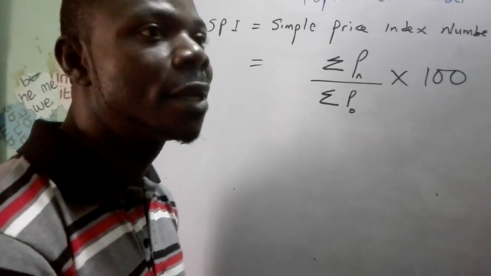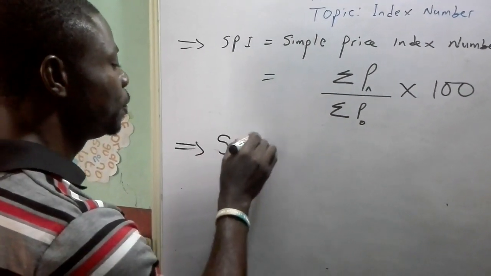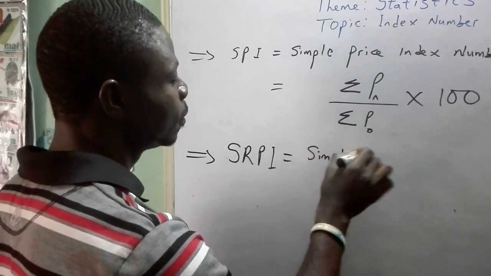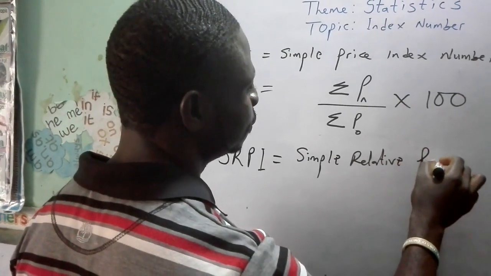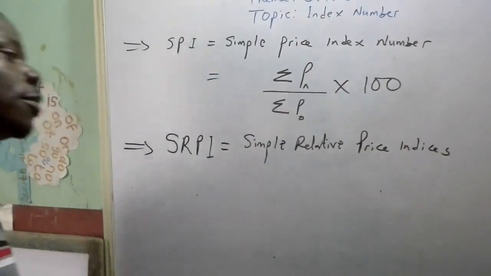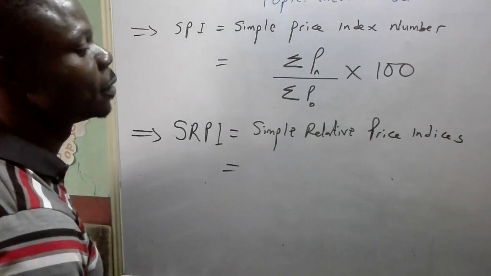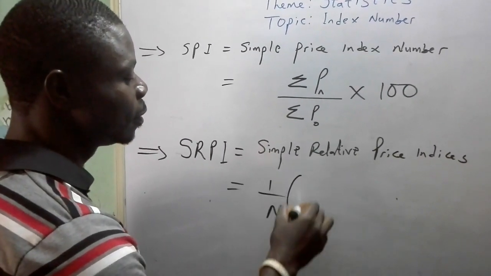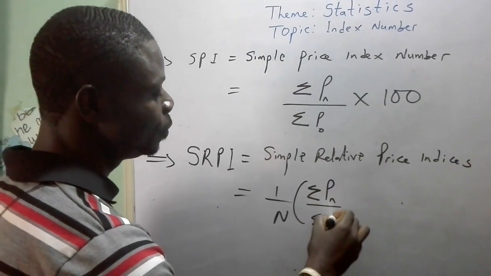Now the next one we shall be looking at now is SRPI, which is simple relative price indices. Simple relative price indices. And it's given as 1 over n summation PN over summation PO.